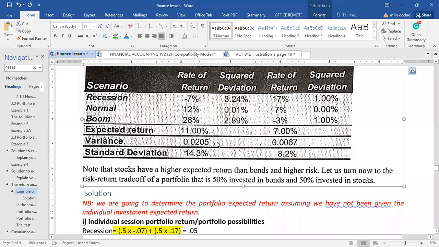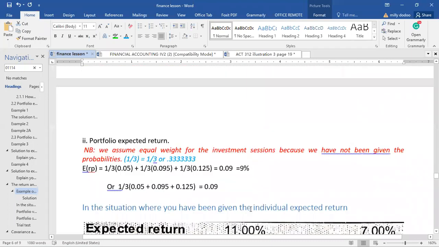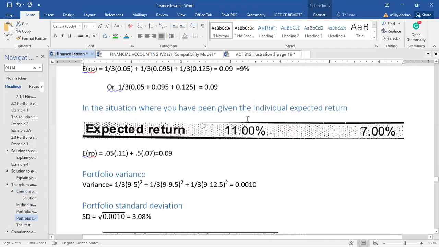This is what I just extracted from here and placed over here for you. So how do we find the portfolio expected return? We say the 50% multiplied by the 11, plus the 50% again multiplied by the 7. I get my 9%.